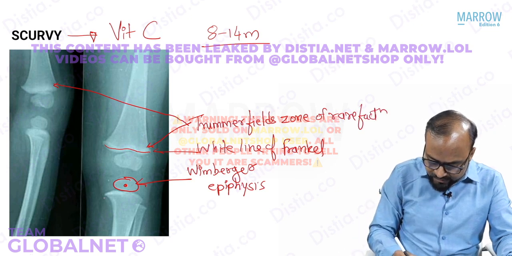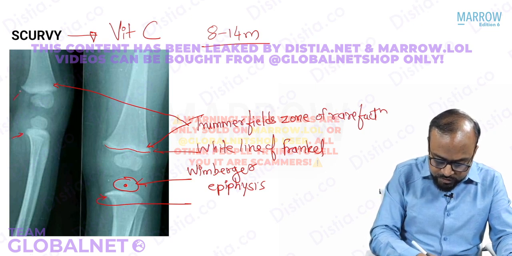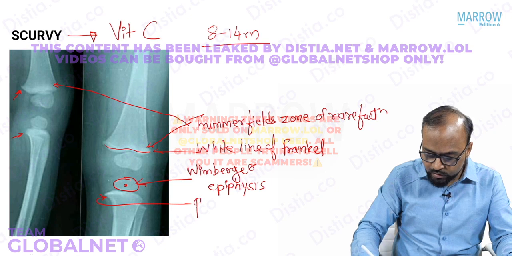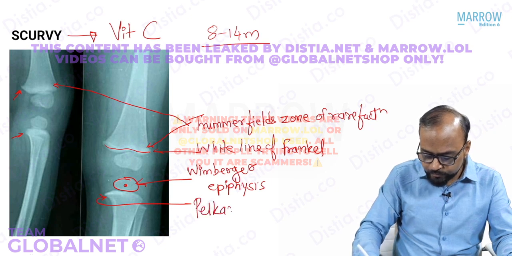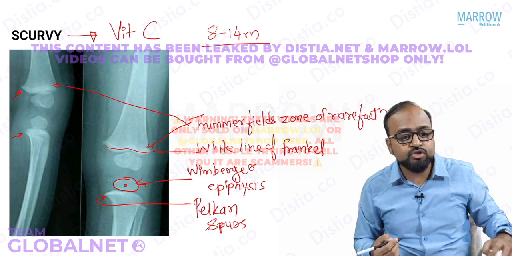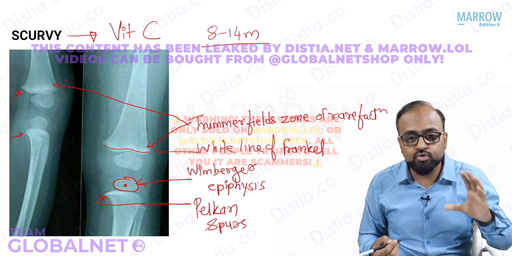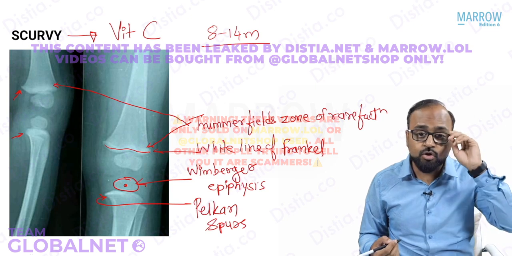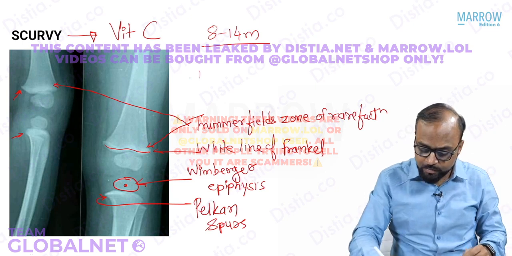And the metaphysis occasionally has a very sharp spur like this. These spurs are called Pelkan spurs. So Wimberger epiphysis, white line of Frankel, Trummerfeld zone of rarefaction, Pelkan spurs. These are all features of scurvy.